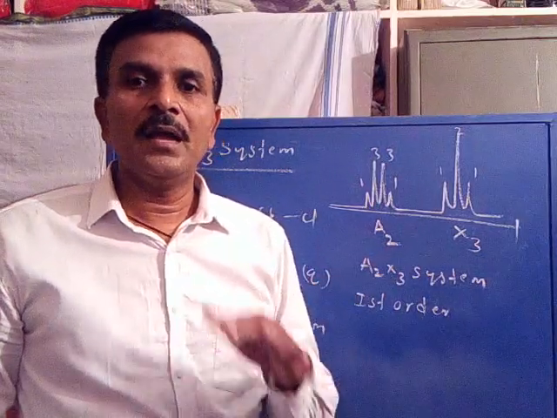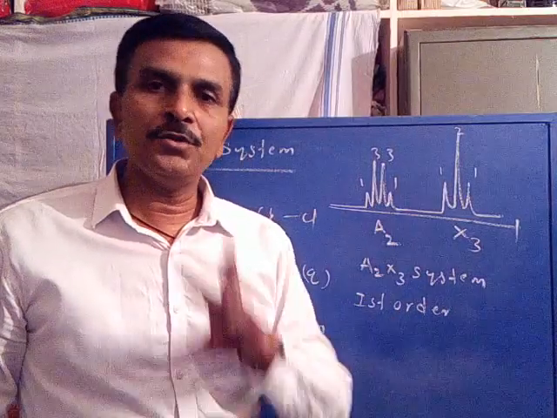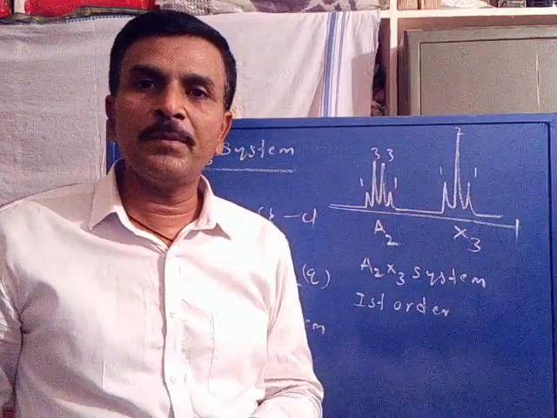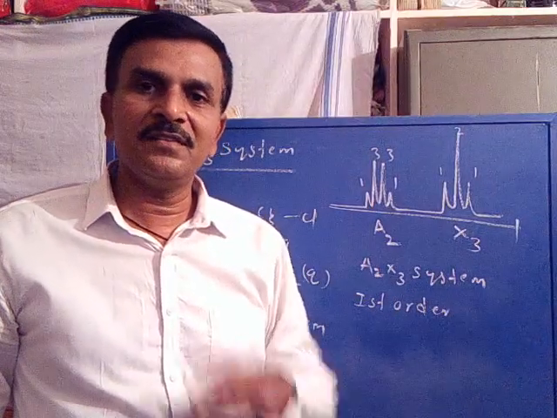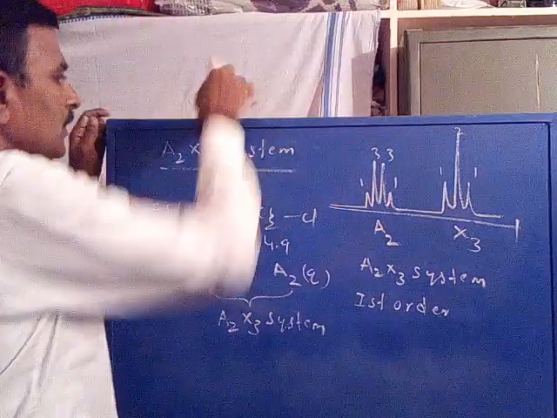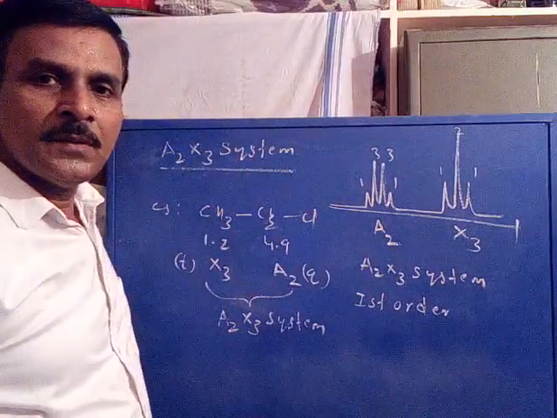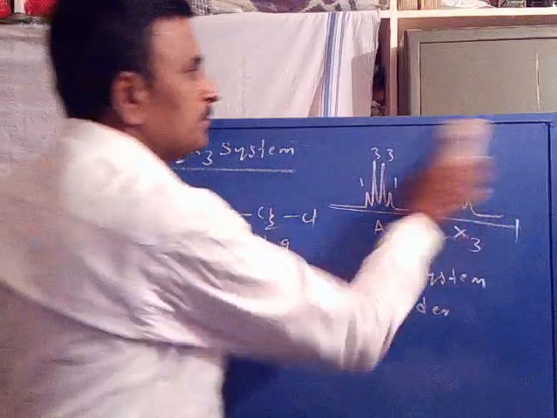A2X3 has two sets of non-equivalent protons with 2:3 ratio coupled with each other, separated by large frequency difference. Comes under A2X3 system of first order spectrum. Is it clear? So these are the examples included under first order NMR in your syllabus.